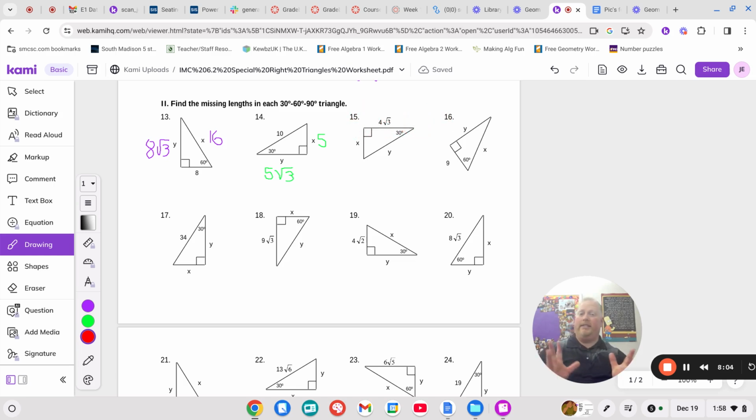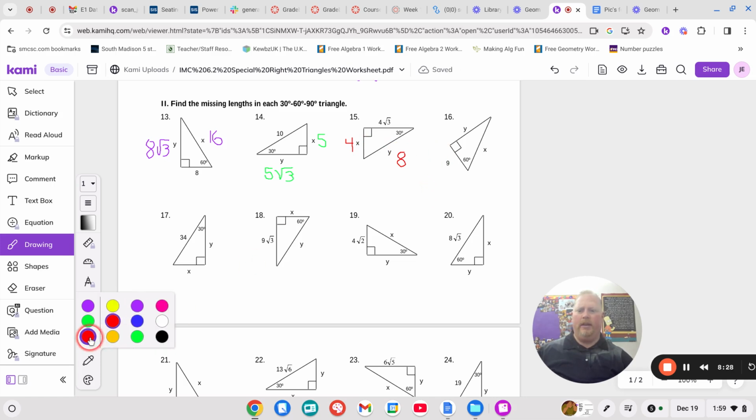So that's the worst case scenario is when they give you the long leg. But this is the easiest way to have the long leg. The first set of notes says remove the square root of 3. So because this has a square root of 3 on it, I'm just going to remove it, and that makes x 4. And then multiply by 2, and that gets you y equals 8.